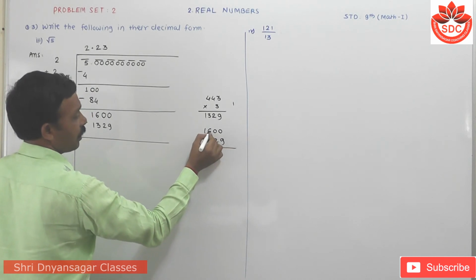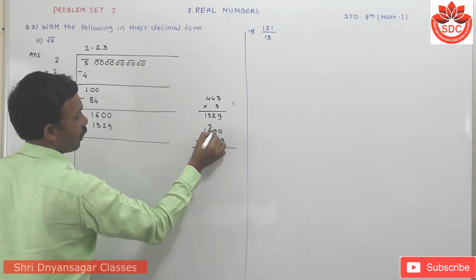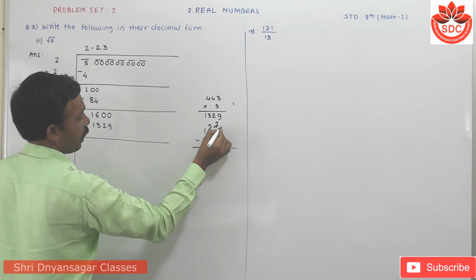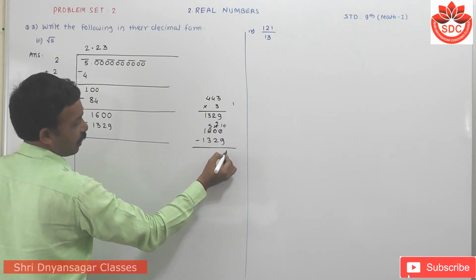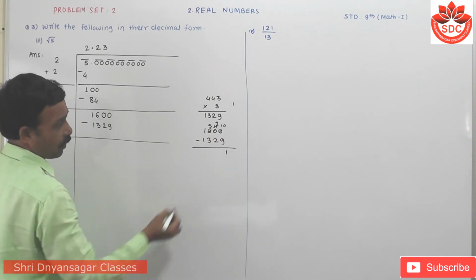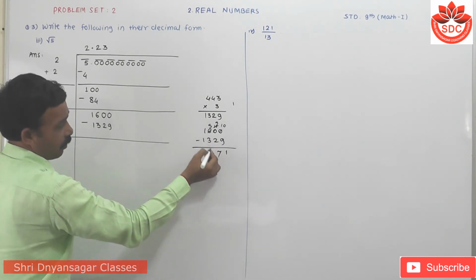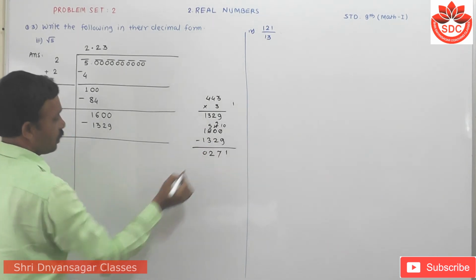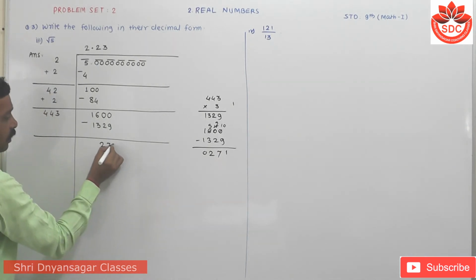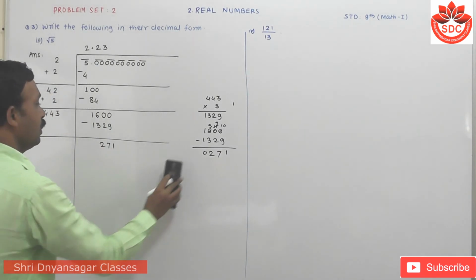When we subtract it, here is 5, here is 10, here is 9, again here is 10. 10 minus 9 is 1. Then 9 minus 2 becomes 7. 5 minus 3 becomes 2. And here is 0. So it is 271. Can you understand this? Okay.